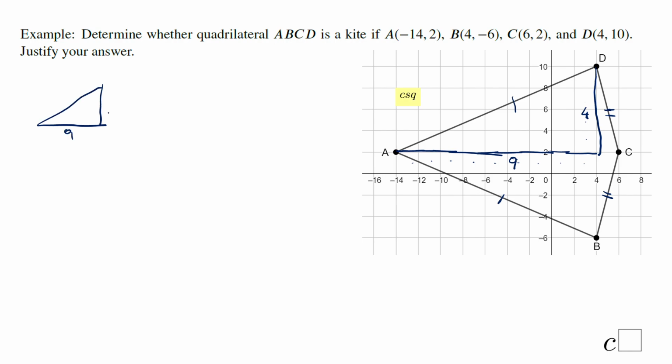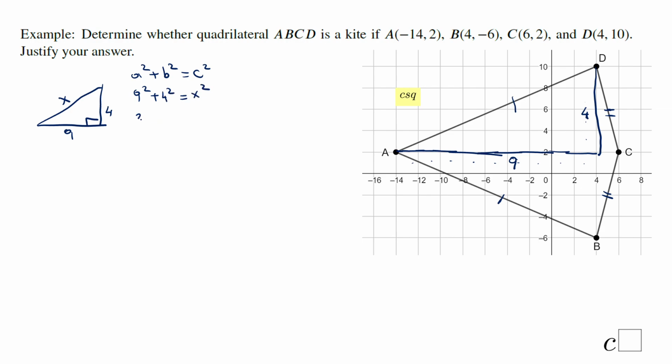Remember, we used this already: the Pythagorean theorem. We're going to do the same thing. A squared plus B squared equals C squared.